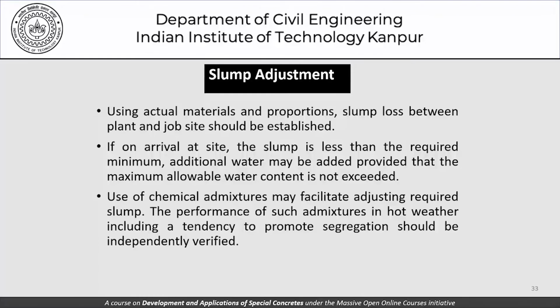So what's being said here is, you have to read between the lines. What it is cautioning you is that if we use chemical admixtures to adjust the slump, primarily water reducers or superplasticizers, in hot weather, there can be a tendency to promote segregation, and that needs to be independently verified.